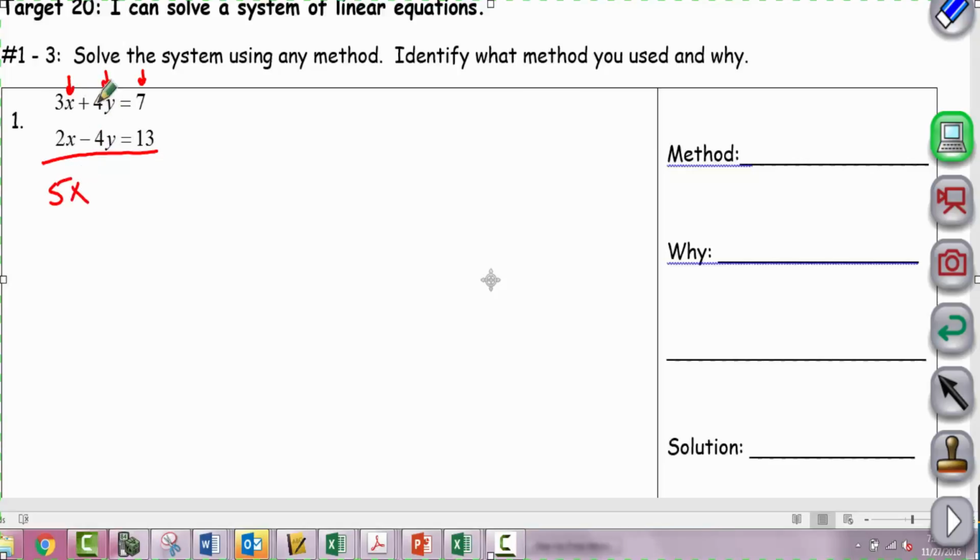The 4y's both cancel out, and 7 plus 13 would be 20. And then we solve this little equation that only has one variable because the other variable has been eliminated, which is kind of the idea here. So the method in this case is the elimination. And that's because they're all lined up.